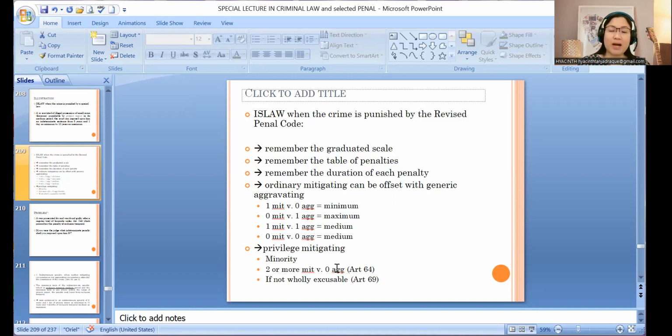And then you have Article 63, if not wholly excusable, not wholly justified, not wholly exempting, that is privileged for as long as the majority of the elements are present. So these are helpful in applying ISL if punished under the Revised Penal Code.